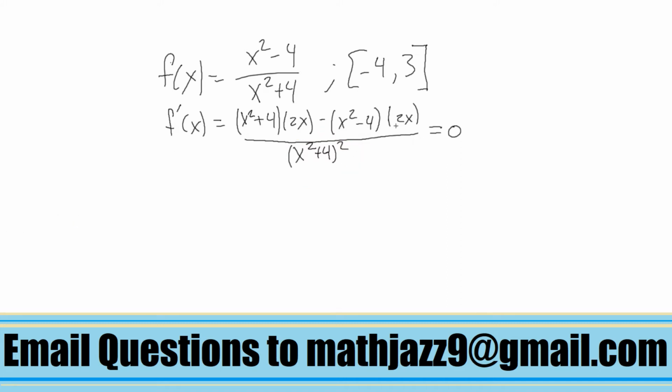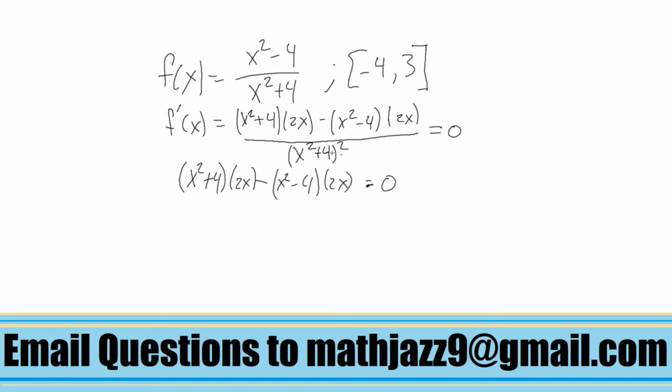But we will need to find zeros of the numerator. We won't need to worry about any zeros of the denominator, so we're just going to throw that away, set the numerator equal to 0. This is actually equivalent to just multiplying by the denominator on both sides, so the denominator will cancel from the left, and 0 times the denominator is still 0 on the right. So what we end up getting is x squared plus 4 times 2x minus x squared minus 4 times 2x equals 0.